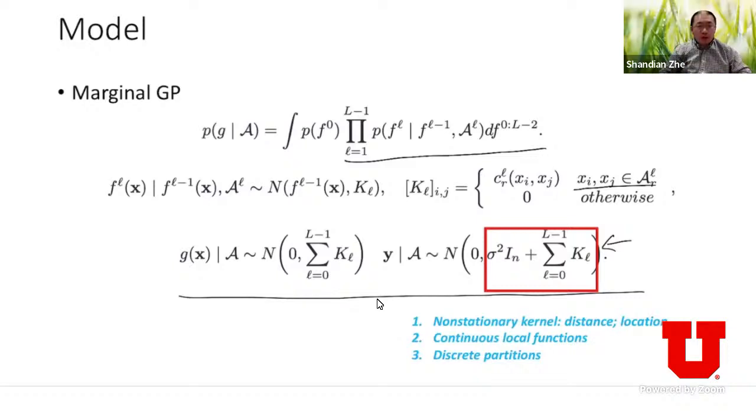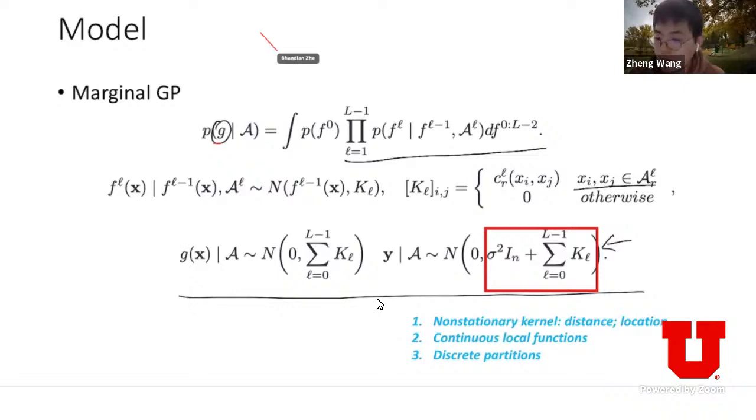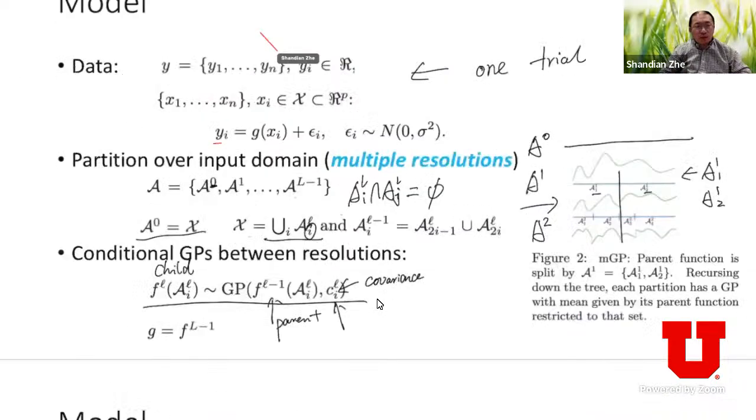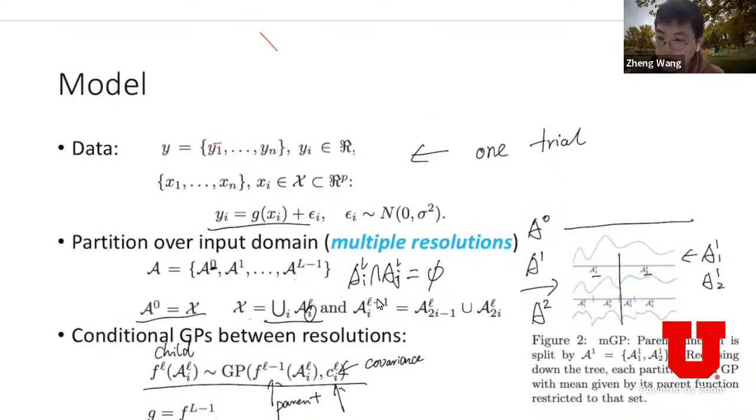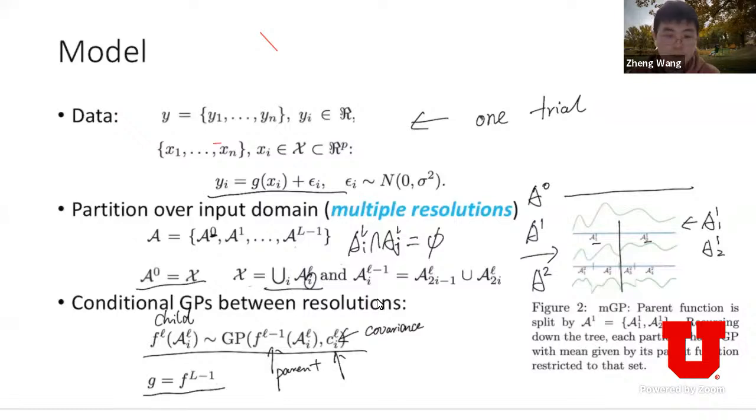I mean this G. Oh yeah, this one is the function value at level big L. Here is the definition of G. It's the noise-free observation, and G is the final level, the leaf level, of the hierarchical Gaussian process.